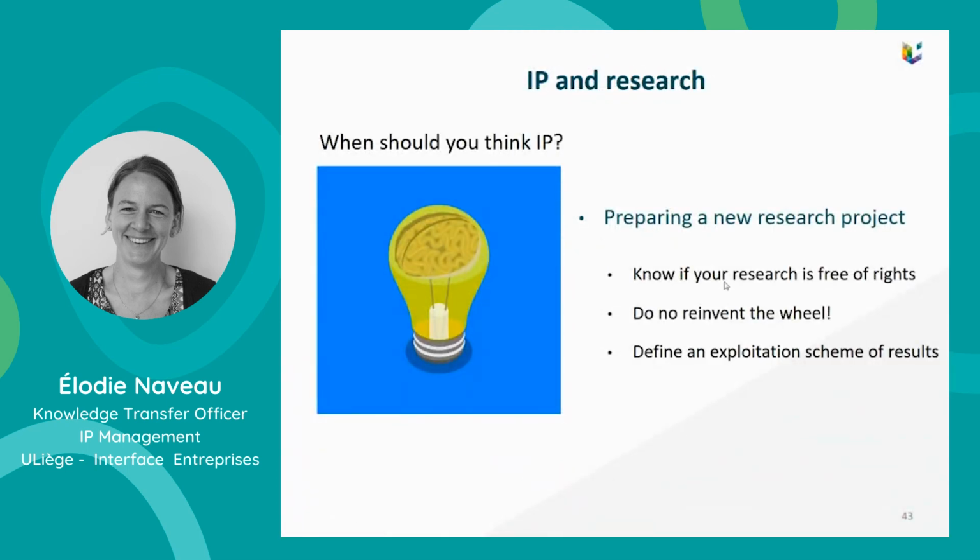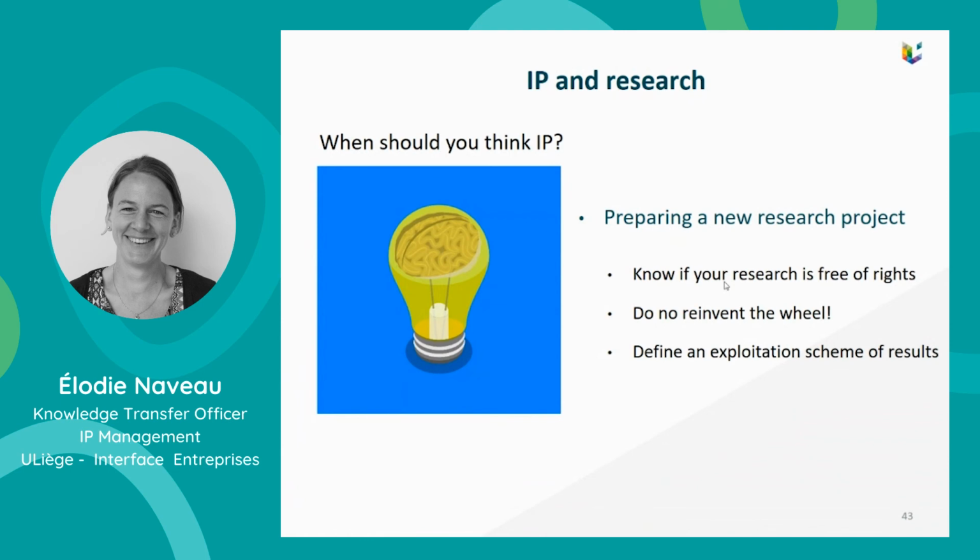So the thing is to see with you when should you think IP in the different steps of your research. And it's also a way to integrate all the notions that we have seen today, and to link it with your research. So the first point is, when you prepare a new research project, it is important to know if your research is free of rights, so that you do not reinvent the wheel.